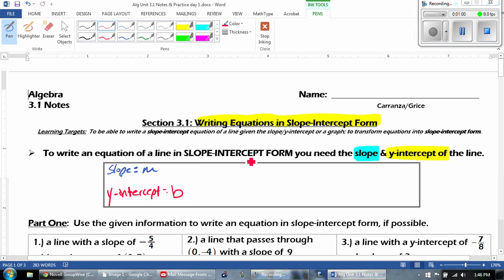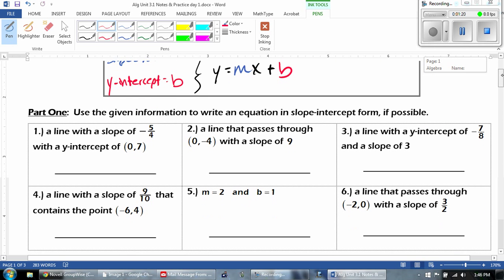And then we're going to take those things together to give us y equals mx plus b. M is your slope, b is your y-intercept. Okay, so let's go ahead and get started.